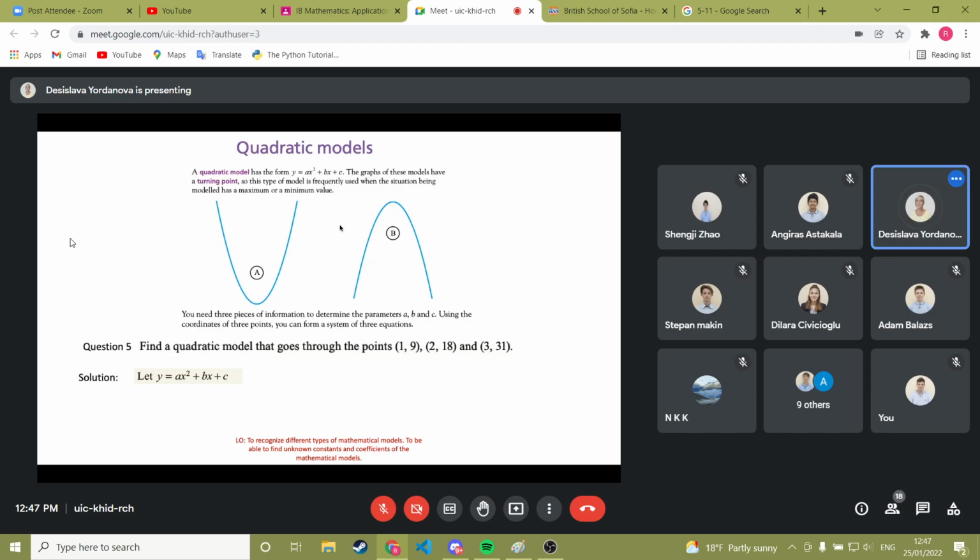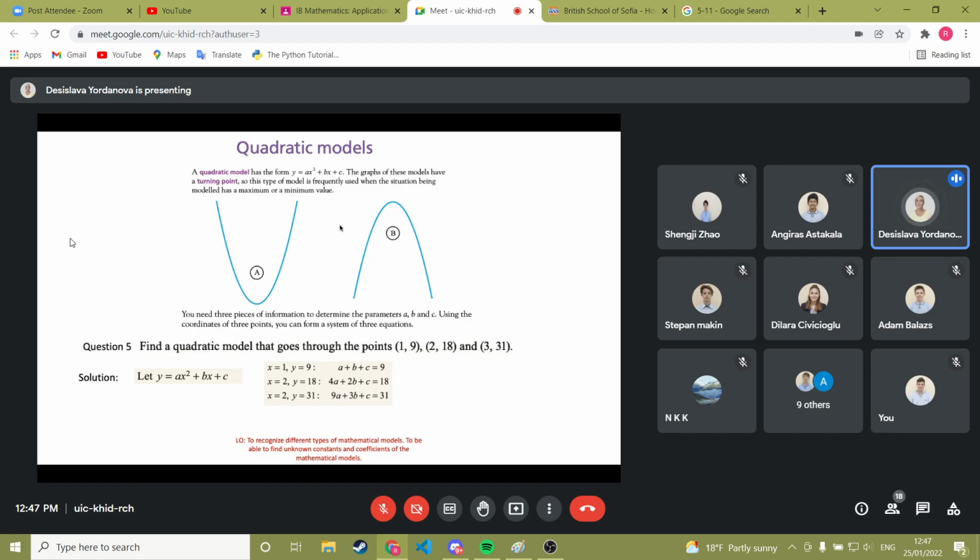If it's set that it's a quadratic model, it looks like ax squared plus bx plus c. When you substitute x equals 1, y equals 9, you get a plus b plus c equals 9. When you substitute x equals 2, y equals 18, you get the second equation.